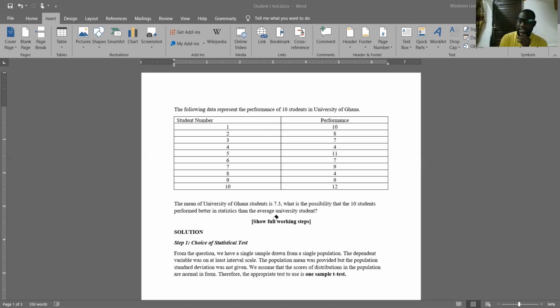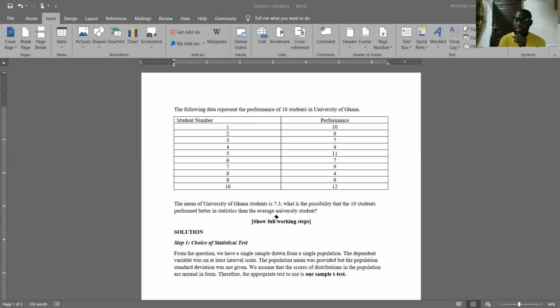Then we were able to decipher that the population mean was provided. So you need to state that as part of your assumption. The population mean was provided, but the population standard deviation was not provided in the question.